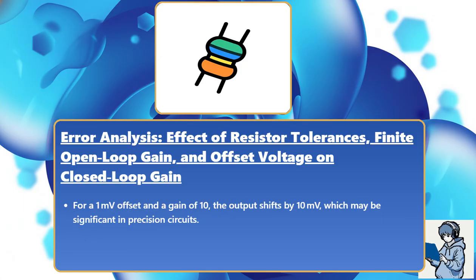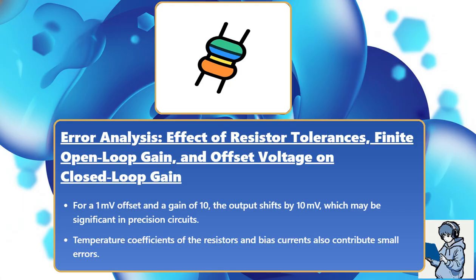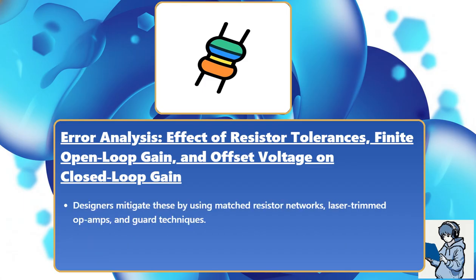For a 1 millivolt offset and a gain of 10, the output shifts by 10 millivolts, which may be significant in precision circuits. Temperature coefficients of the resistors and bias currents also contribute small errors. Designers mitigate these by using matched resistor networks, laser-trimmed op-amps, and guard techniques.